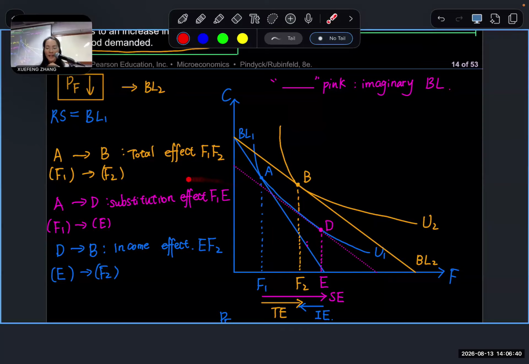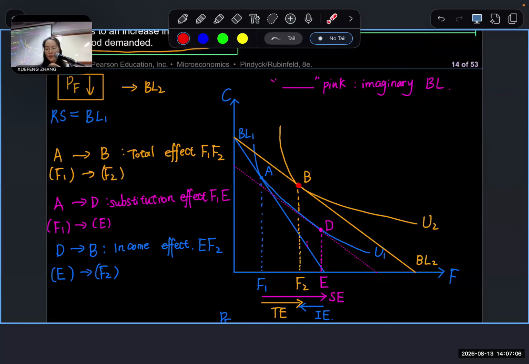So basically, from A to B, this is the total effect. From A to D, you see they are at the same utility level, which is U1, right? So from A to D, it's the substitution effect.